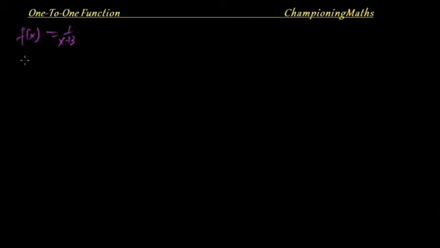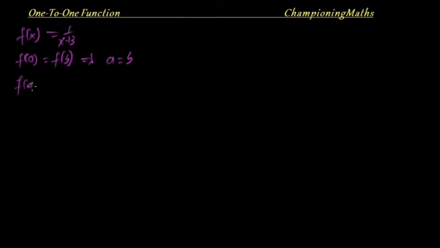Well, for a function to be one-to-one, then f of a of the function should be equal to f of b of the same function, where a will be equal to b. So what I was talking about is when you say f of a and then f of b.